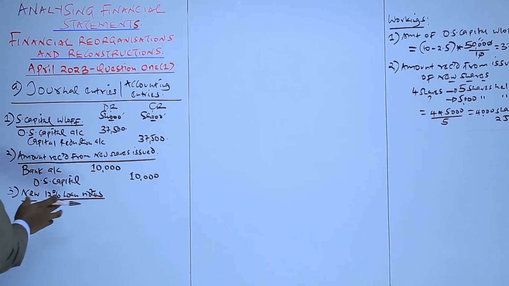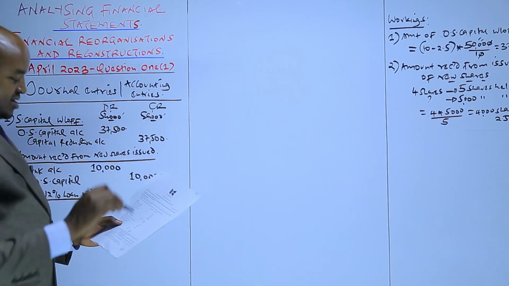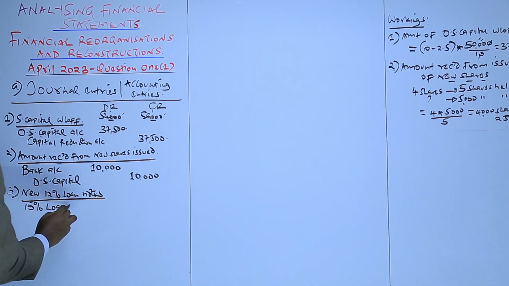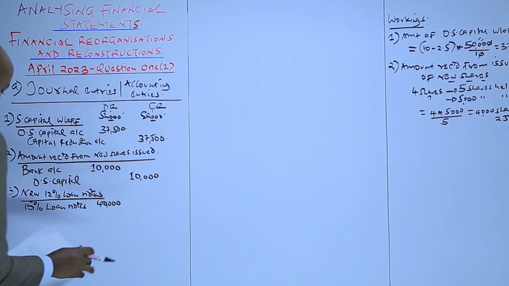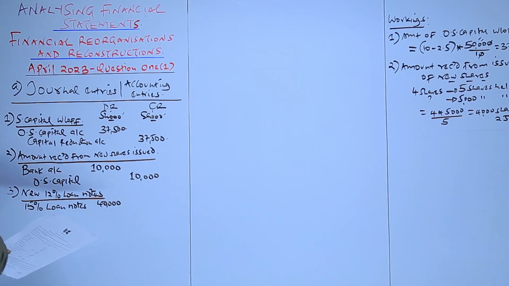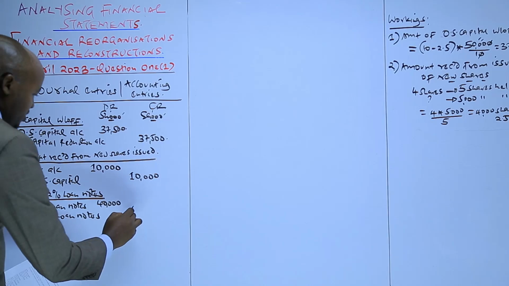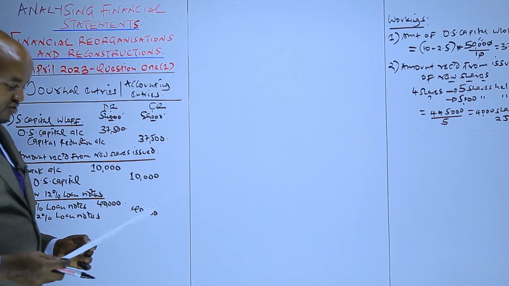So what we need to do is just to cancel the 15% loan notes, and because that account has a credit balance, we need to debit that account. We debit the 15% loan notes account with the value of those particular loan notes. So those loan notes have been cancelled. That's why we are debiting that account, and then now we account for the new 12% loan notes which have been issued to replace the old loan notes. That's how we account for that.